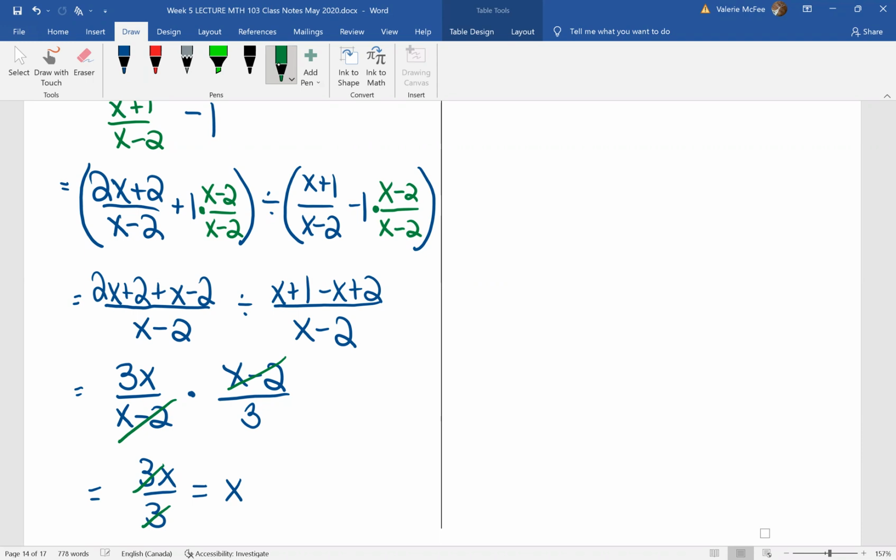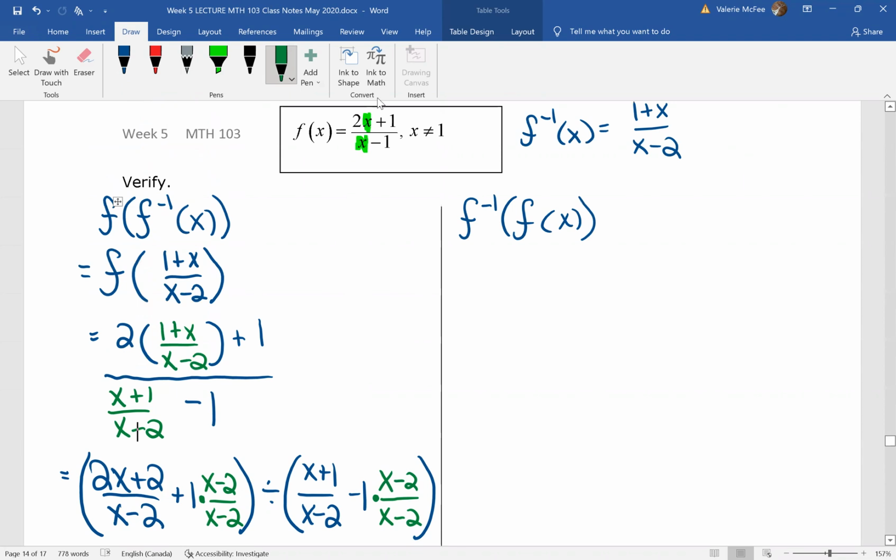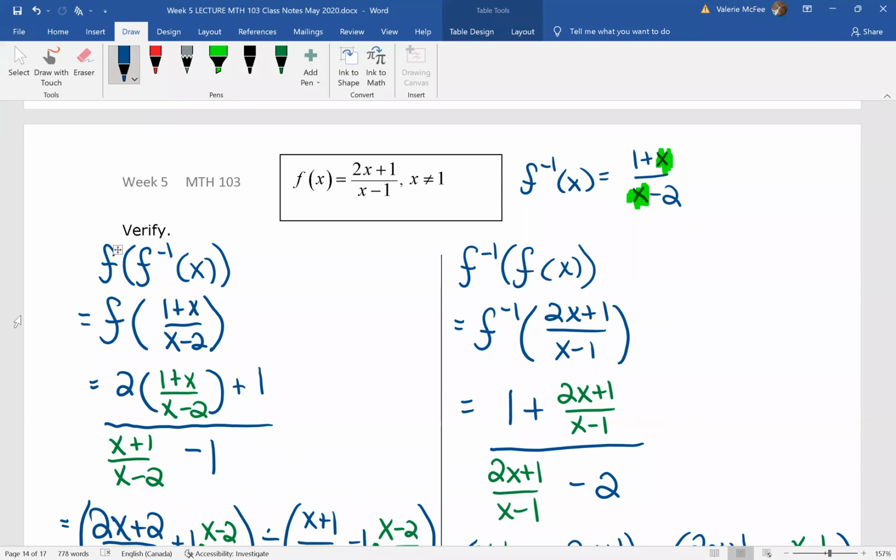Great. Now we have to do the other verifying. We have to compose the inverse function with f. Pause your video, give that a try. So again, your substitution was a little bit tricky, but I put that in green here for you to see it.